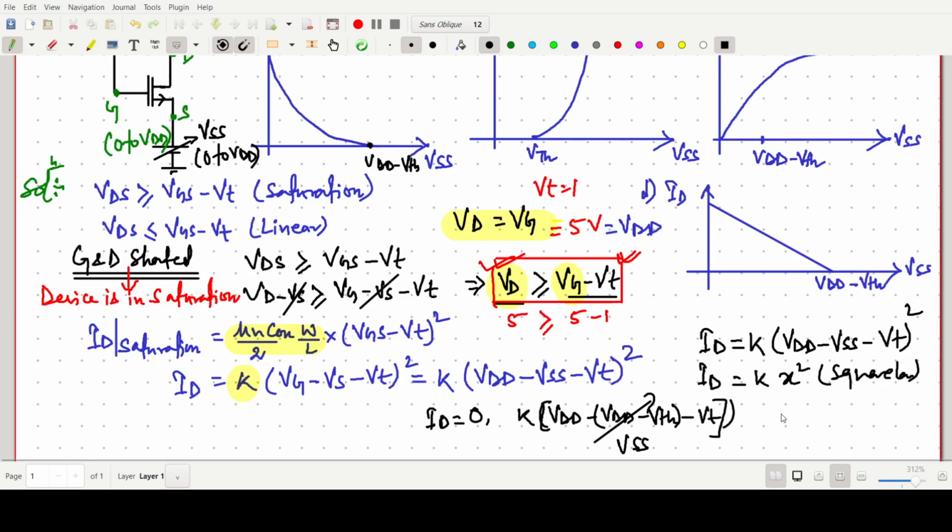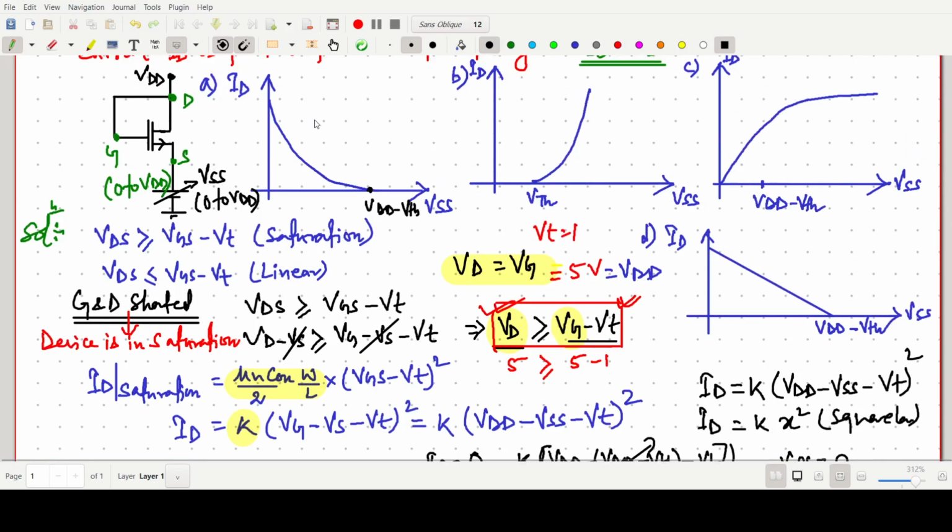And when VSS equals 0, this will give K times VDD minus VT whole square. So it will give the maximum current. So this one will be followed here.